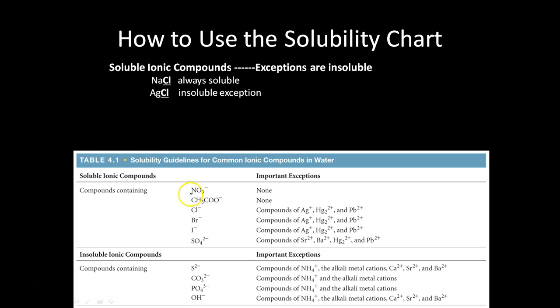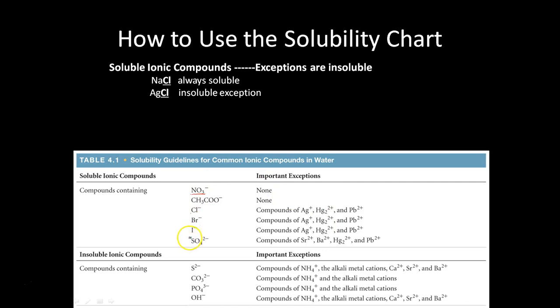Anything with nitrate as its anion has no exceptions, so all nitrate compounds are soluble. Anything with acetate bonded to it in an ionic compound is also soluble. Chlorine in general creates soluble compounds, but it has these 3 exceptions: silver, mercury, and lead.